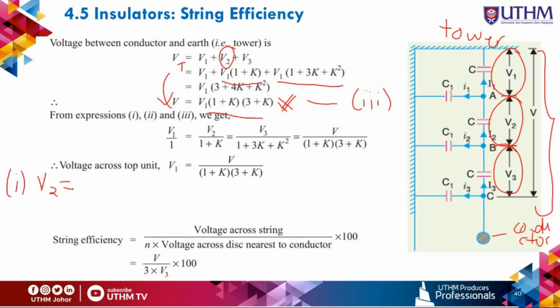V2 equivalent to V1, 1 plus K. Second, V3 equivalent to V1, 1 plus 3K plus K squared.